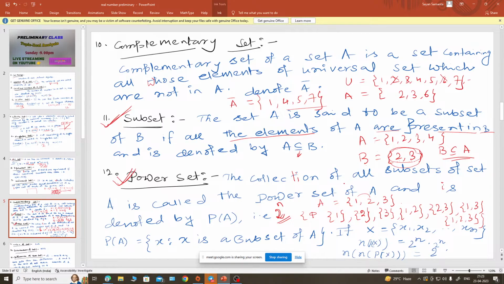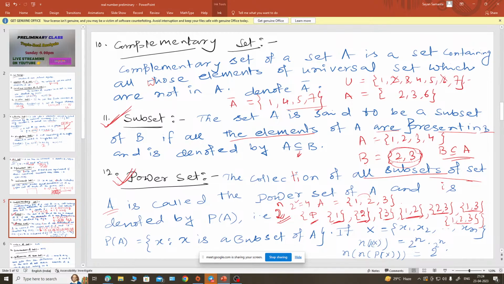So the power set means the collection of all subsets of A. Here 8 types of subsets exist. So this is the power set of A. If the set has 2 elements, the power set has 2 squared, that is 4, members.